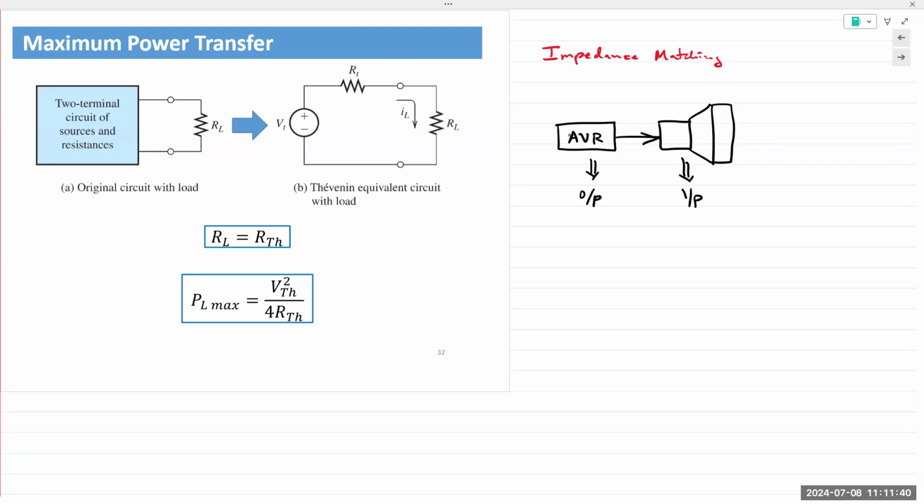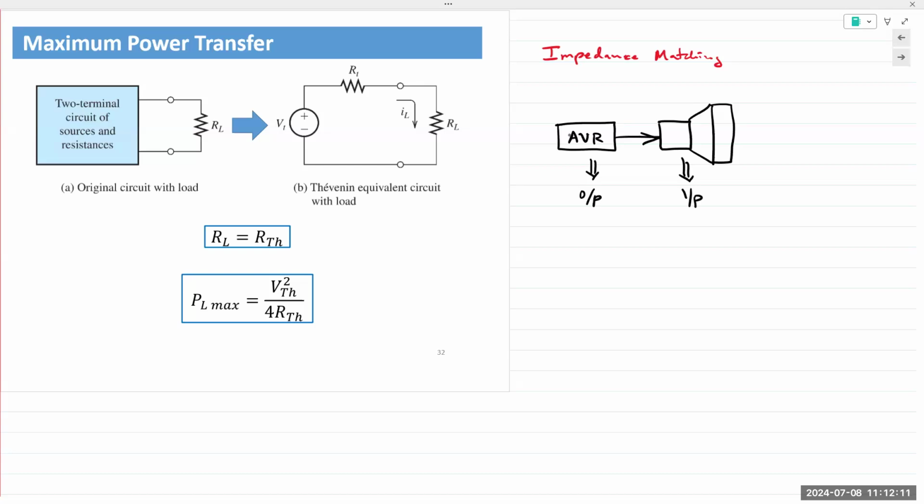The speakers typically would be 8 ohm resistance, and the output of the amplifier would also be 8 ohms. If you are buying speakers off the shelf to connect to your amplifiers, you always have to match the output resistance of the amplifier to the resistance of the speaker. That ensures that maximum power is transferred from the AVR to the speaker.